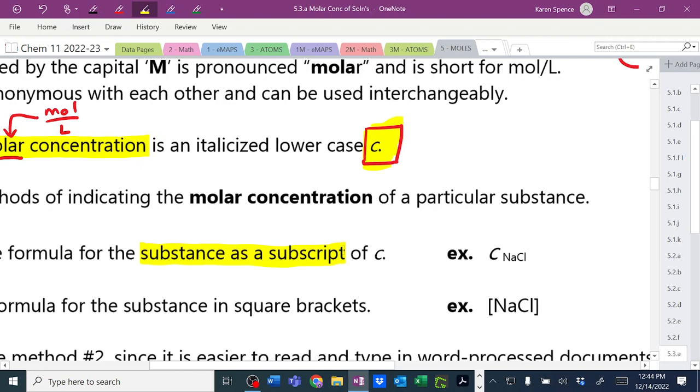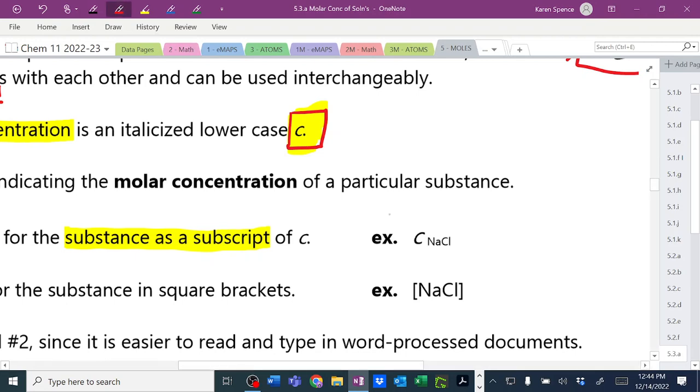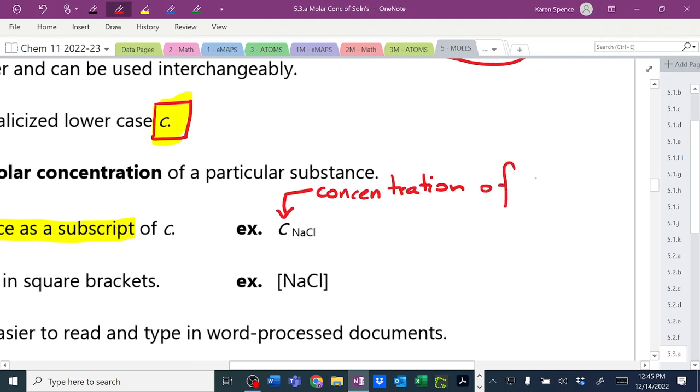So if I want to say the concentration of NaCl in moles per liter, I can write C, and then as a subscript, I can write NaCl. That means the concentration of NaCl, specifically in moles per liter, not milligrams per kiloliter or whatever.